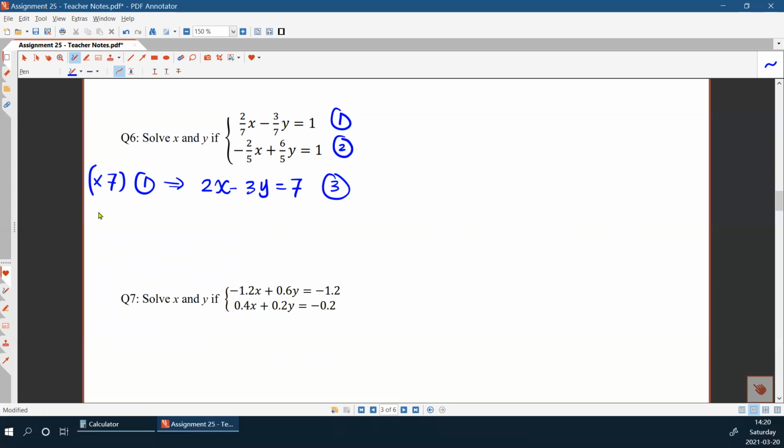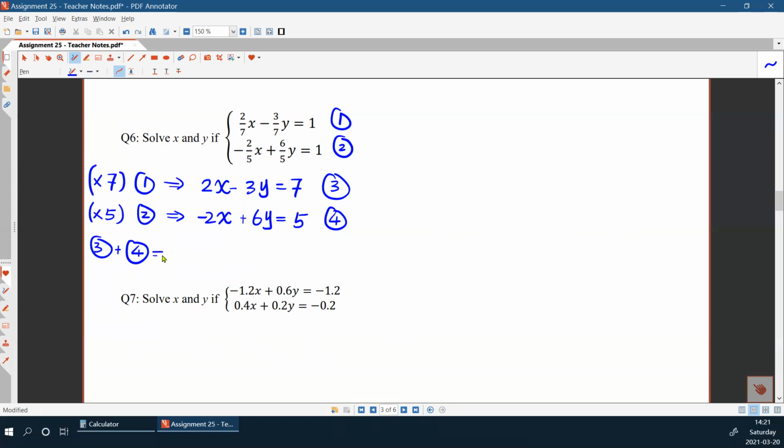And for equation 2, we can times 5 to both sides of equation 2. This will give you minus 2x plus 6y equals 5, right? And let's call this 4. And then note that we can directly add 3 and 4 to eliminate the x.